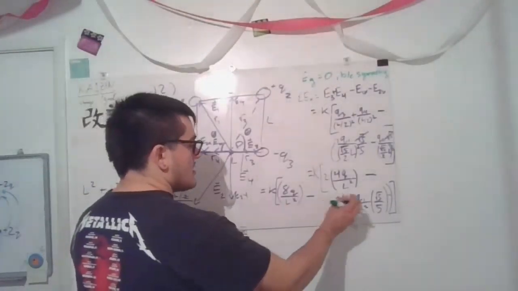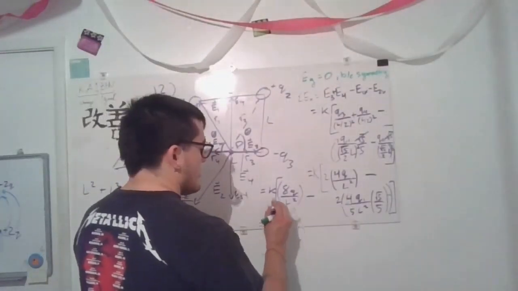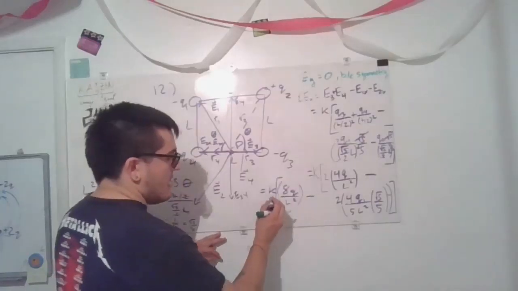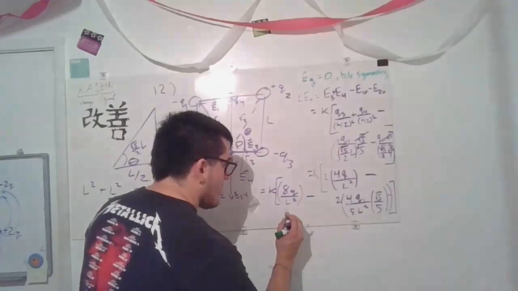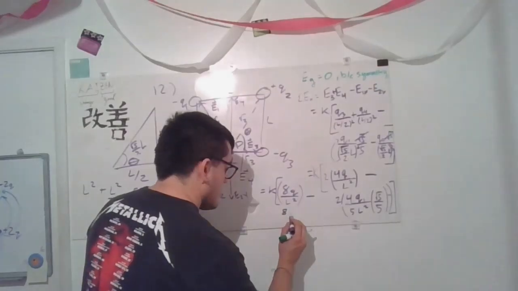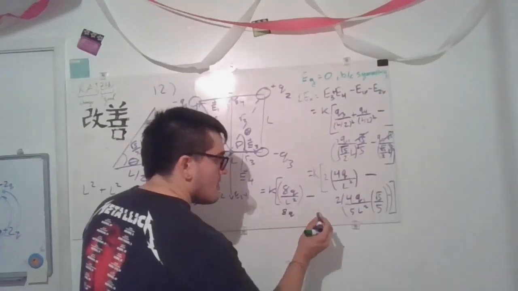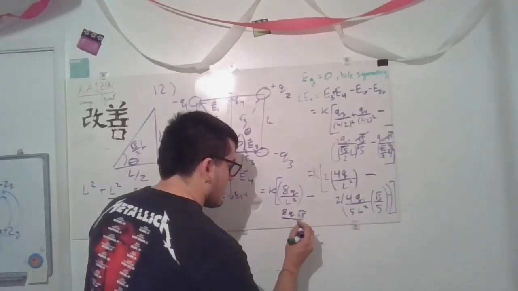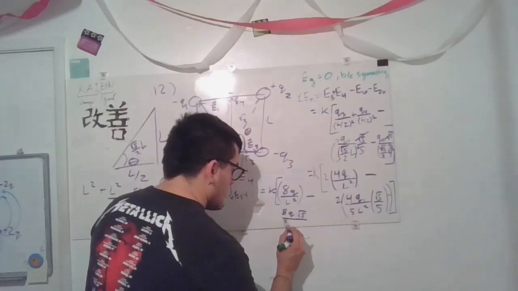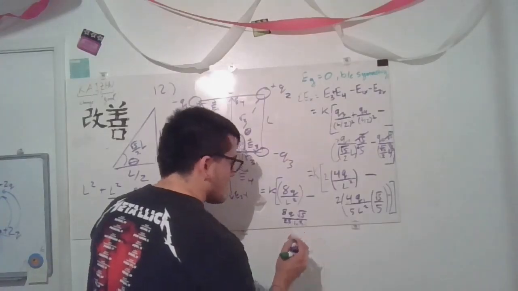So then this multiplies in, right? This is still all distributed. K is still on the outside of everything. So then this will then become 8Q over times radical 5 over 25L squared.